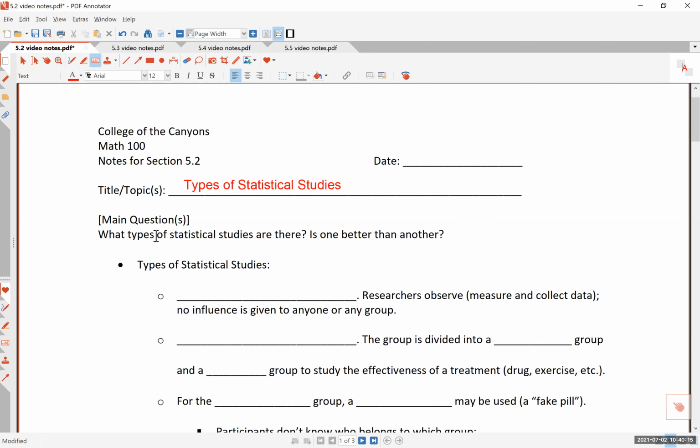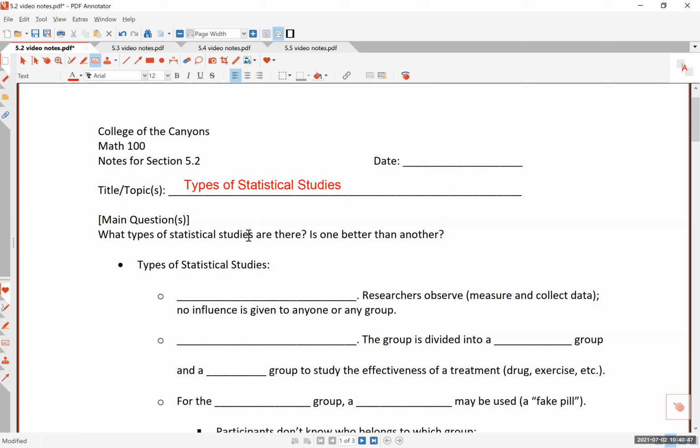So it is important for you to know what type of study was done and what type of study must be done in order to make certain conclusions. For instance, if you are developing a new vaccine for a newfound virus, you have to do a certain type of statistical study. Otherwise, your conclusion would be meaningless. This is again pretty important, and in some contexts, it really is a matter of life and death. So let's look at these.